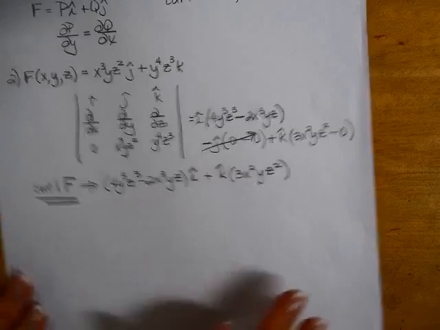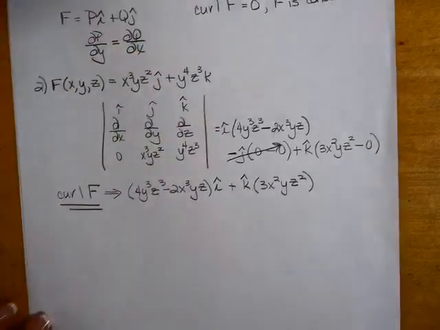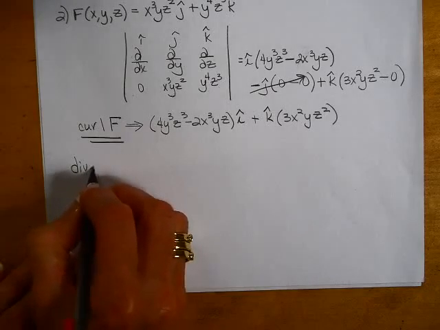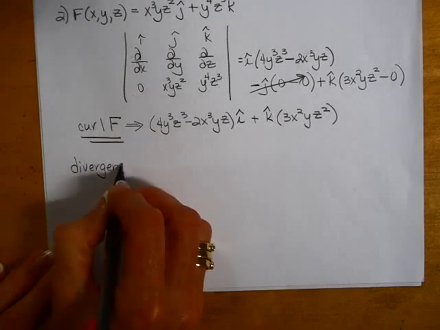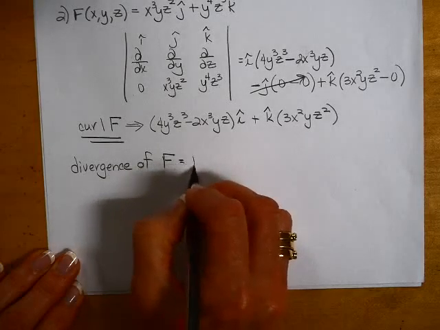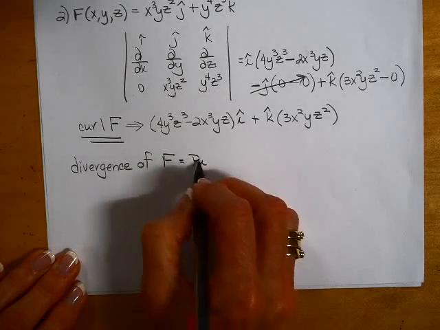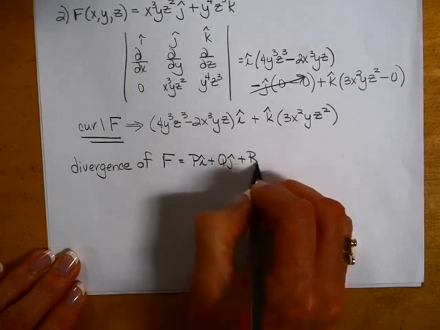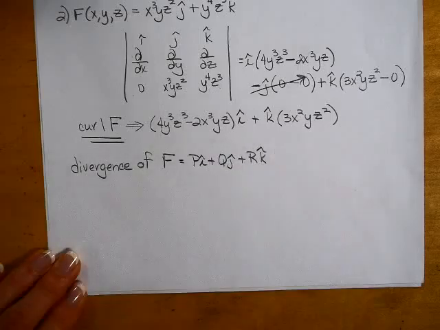All right. The other operation we're doing besides curl is called the divergence of f, of your vector field, and it's the same thing. Pi plus q j hat plus r k hat.